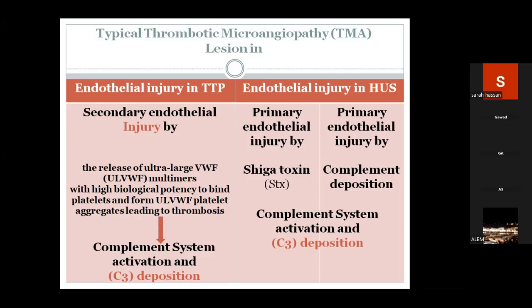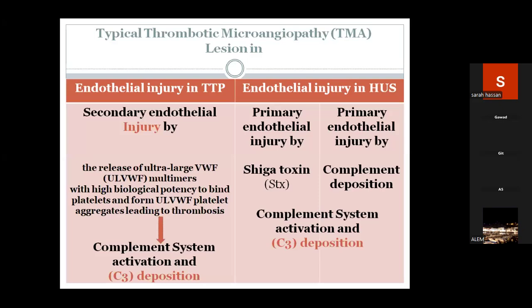When you are reading a nephropathology report and find C3 deposits, we should go back to the underlying pathogenesis: why is C3 deposited in this case? I hope I made it clear as much as I could.